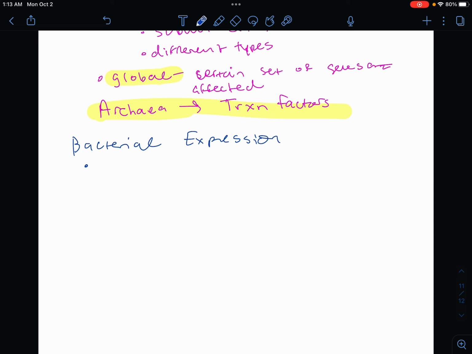So the promoter will orient the transcription. It will orient the direction, and of course this is found upstream as discussed earlier.